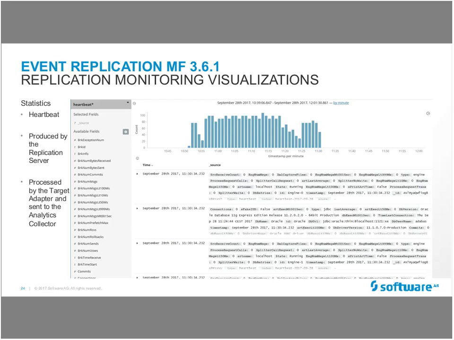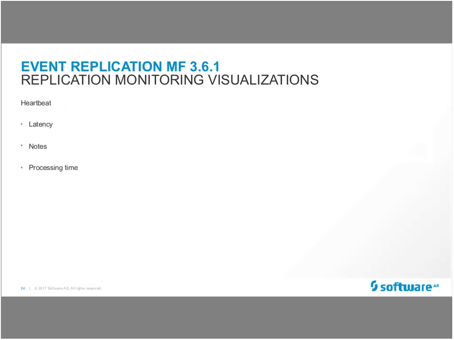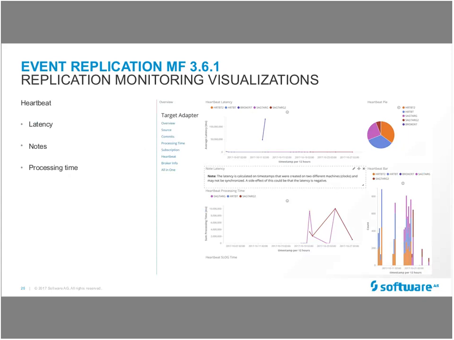Now let's see how this looks like. This is from the target adapter, and now we are in the area that we talk about heartbeat information coming along with the business data through the target adapter, going then to the analytics collector to Elasticsearch and being presented here.